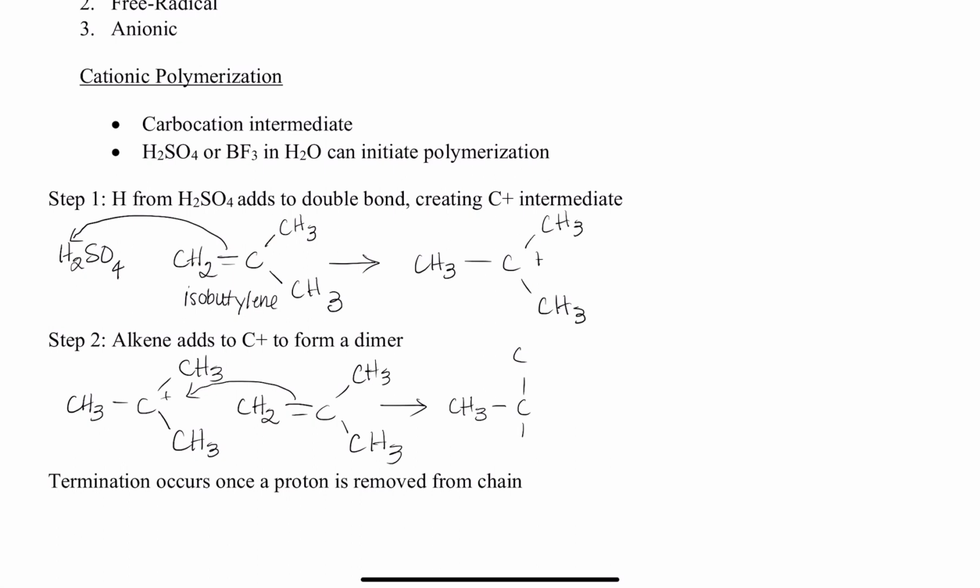And now that we've put 2 monomers together, we call this a dimer. And this occurs over and over again until we terminate our growing chain by the loss of a proton.